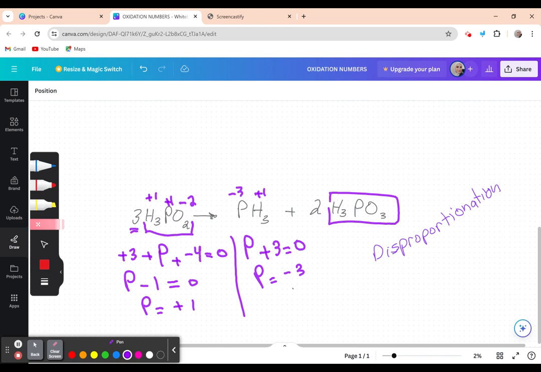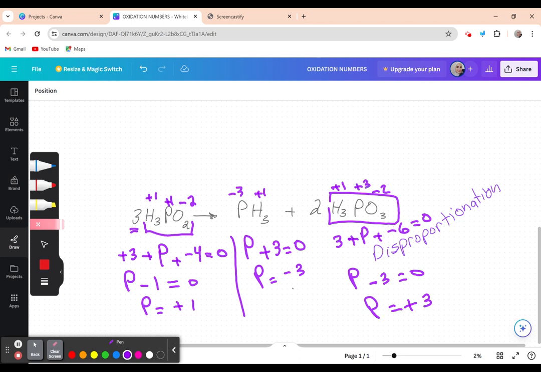The last one: hydrogen is +1, phosphorus is unknown, and oxygen is -2 according to the rules. 3 times +1, so 3, plus phosphorus, plus 3 times -2, which is -6, equals 0. Phosphorus on this side: -6 plus 3 is -3, so phosphorus is +3.